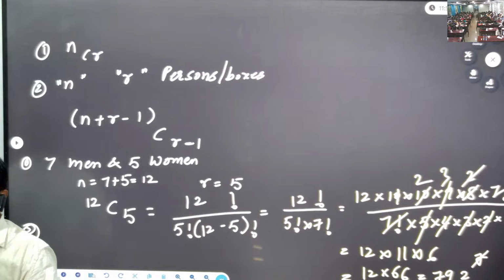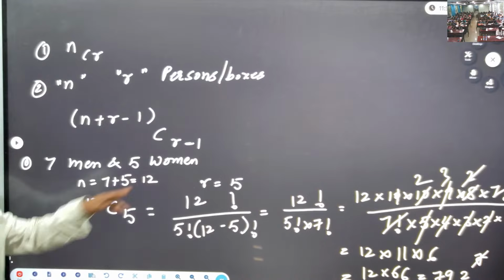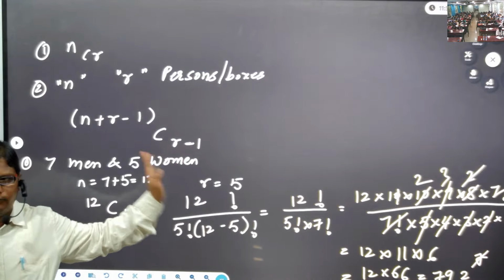Men count is 7. Fine. Out of which, what is the committee size? Committee size is 5. Okay, so committee size r is 5.